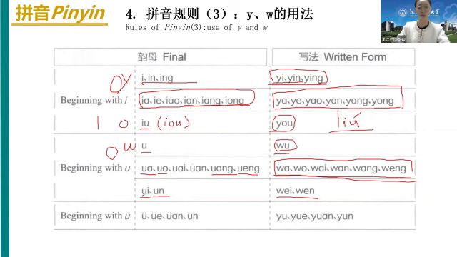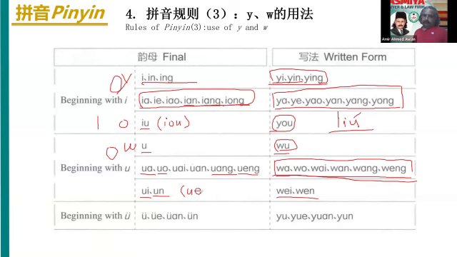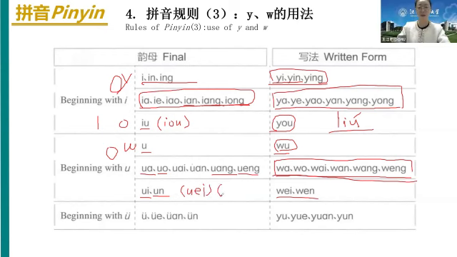Okay, so please look at these 2 finals, wei and wen. What is the original form of this final? The original form of this final is like that, right? Uei. And what is the original form of the second one? Uen, right? These are the original forms of the 2 finals, wei and wen.